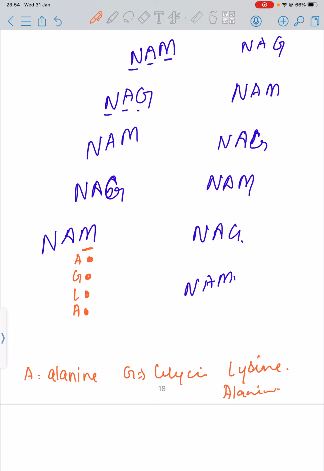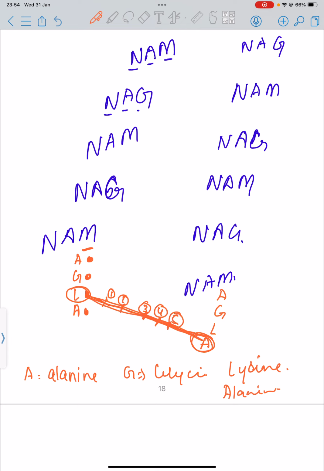Okay, AGLA. And here also in NAM you will find AGLA. Now this L and this A are connected by a cross link, 1, 2, 3, 4, 5, a pentapeptide cross link.